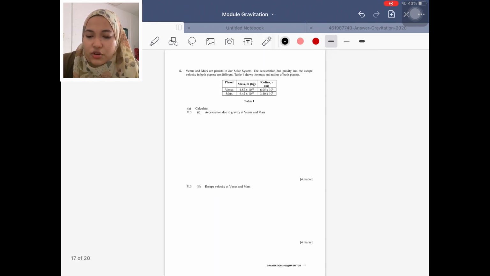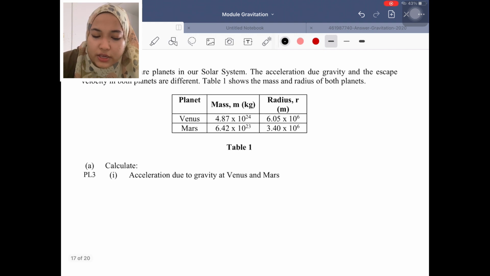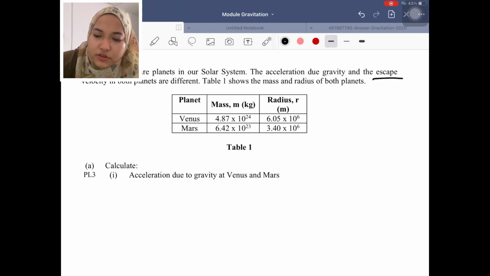Alright, so for next question, question 6. Okay, so for question 6, so Venus and Mars are planets in our solar system. So the acceleration due to gravity and the escape velocity in both planets are different. Okay, so escape velocity, kita dah belajar.